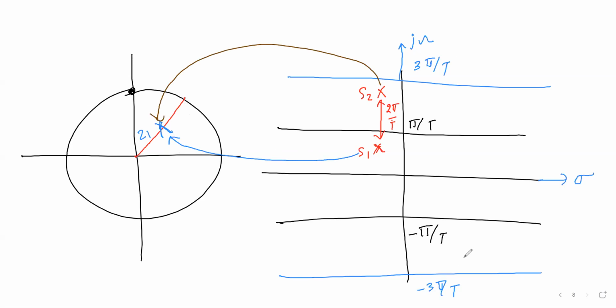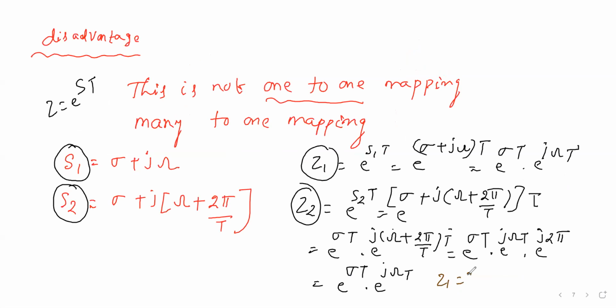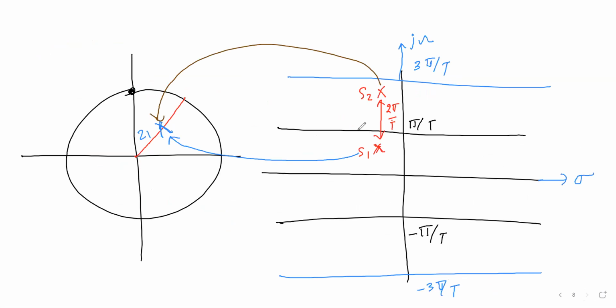Because Z1 equals Z2, as we already got. Since Z1 equals Z2, what is happening? These S1 and S2 are two different poles, but they map to a single pole in the Z domain. In the Z domain, this is the real part of Z, and this is the imaginary part of Z. Agree or not, all of you?